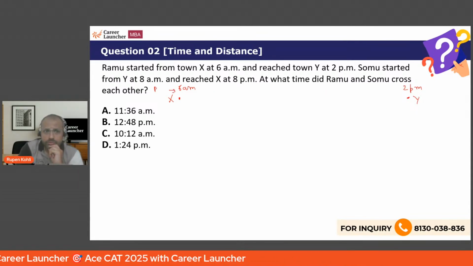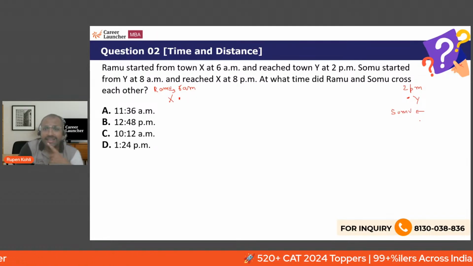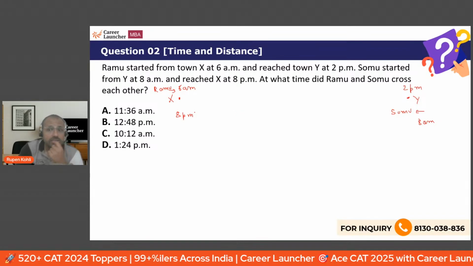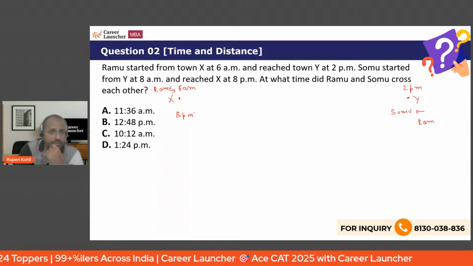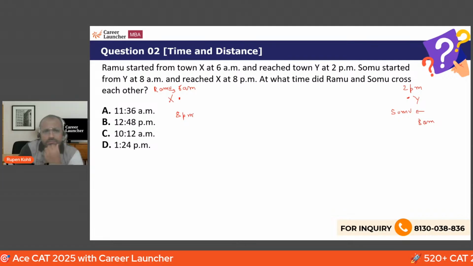This is Ramu's direction. Somu is coming from here, starting at 8 a.m. So we obviously need to take into consideration the distance covered by Ramu until Somu starts the journey. But the point is that distance is not given.